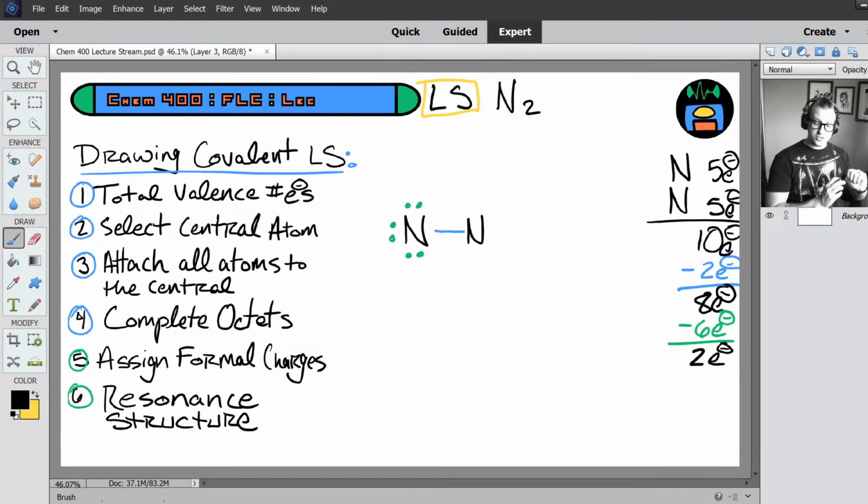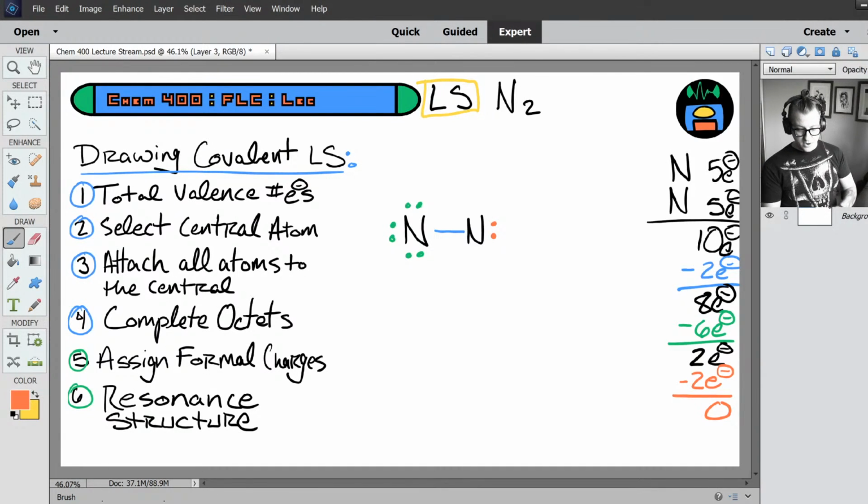So the nitrogen on the left has a full octet. The nitrogen on the right has access to 2 electrons. It wants 8, but unfortunately there are only 2 electrons left in the budget, so we can only afford to give this nitrogen 1 lone pair.